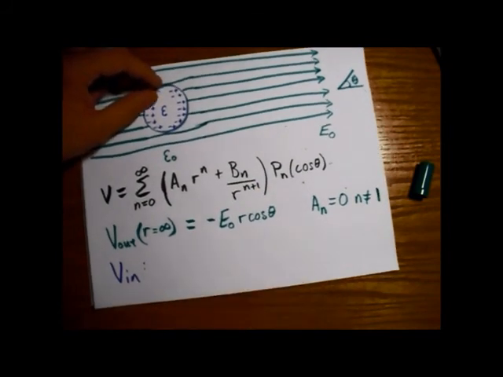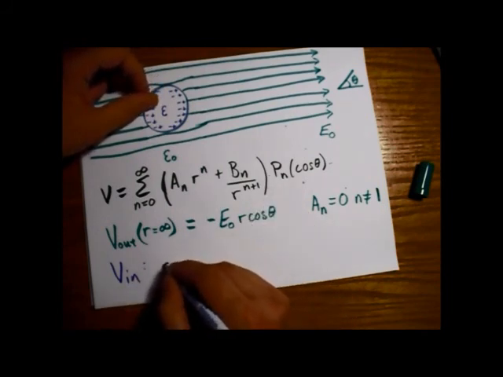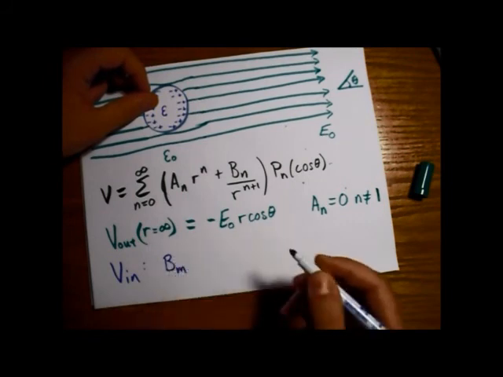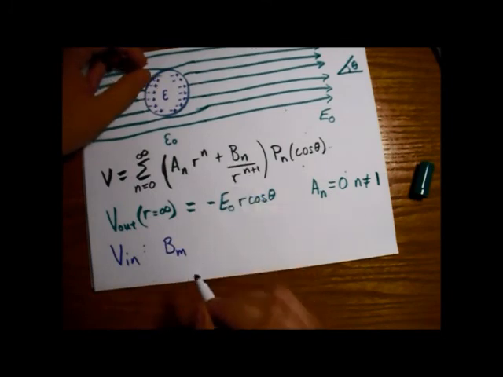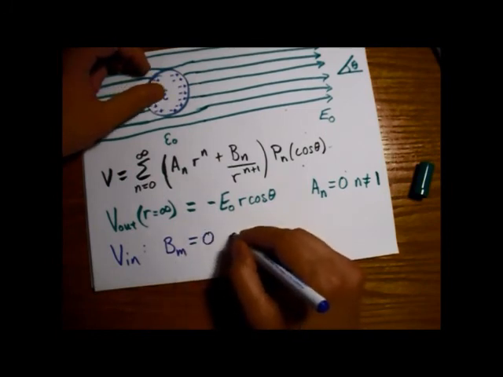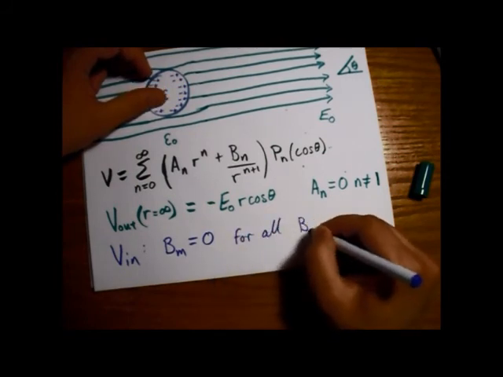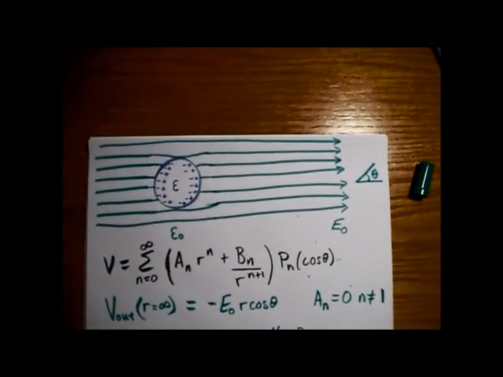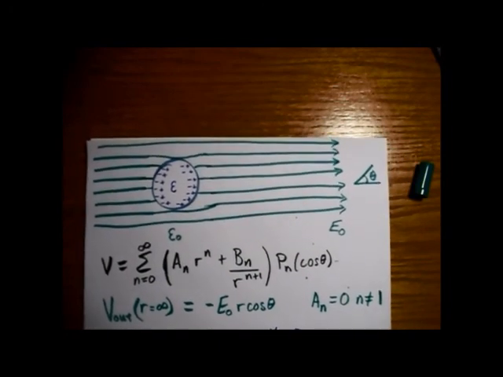So for the inside, let's use an m instead of an n. B sub n will equal 0 for all m. Okay.